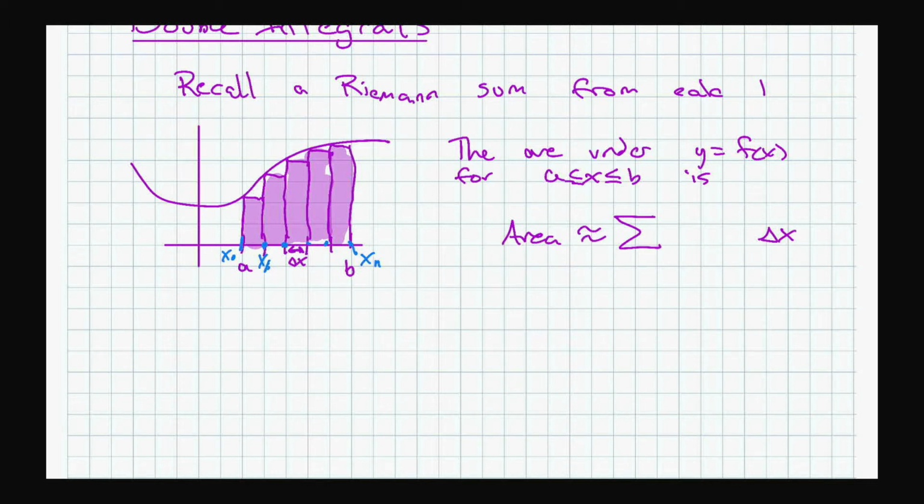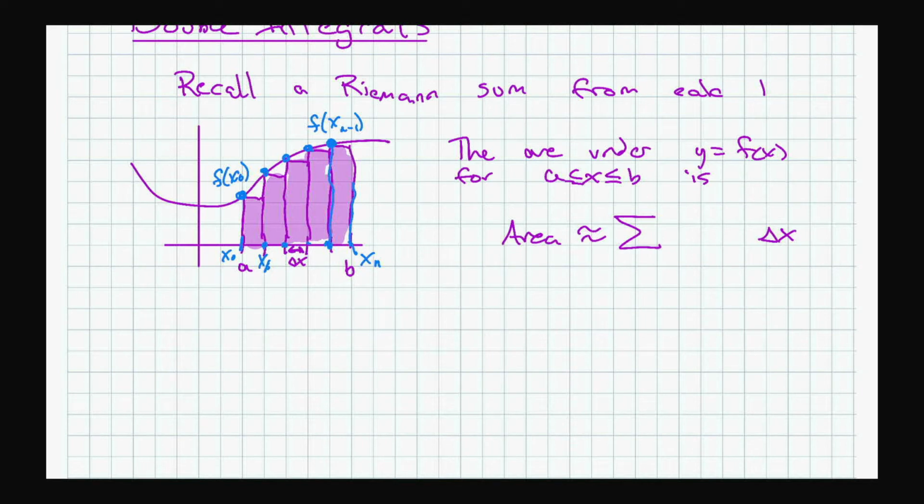If you come up here, you have these points on the curve, and this one here would be f of x_{n-1}, because I drew xn as the one on the end. The one previous is n minus 1. This first one would have been f of x0, for example. And those are how you calculate the heights of those rectangles.